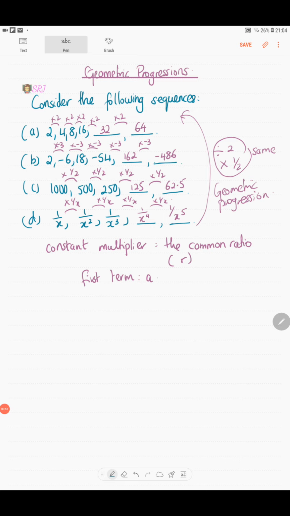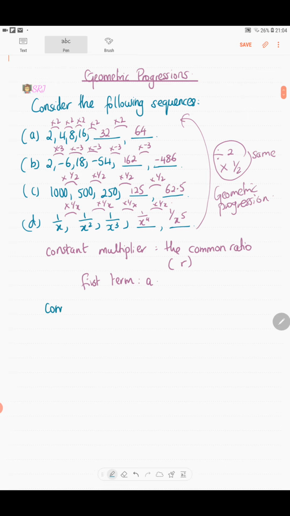We can also see that the common ratio R can be both positive and negative.